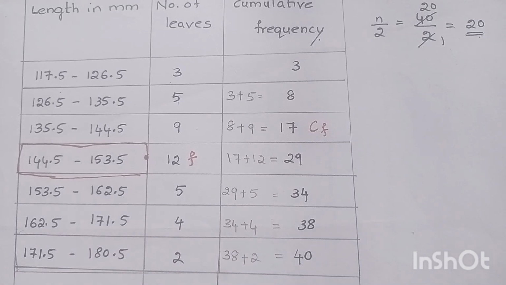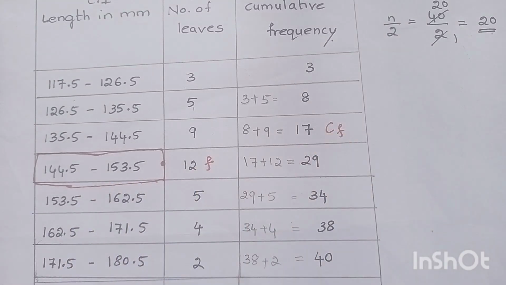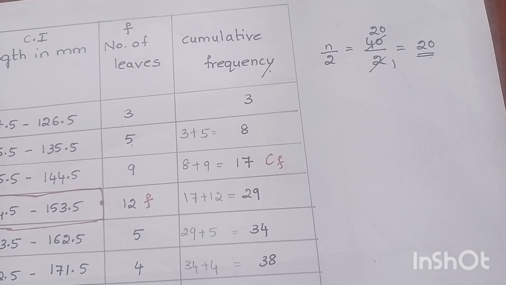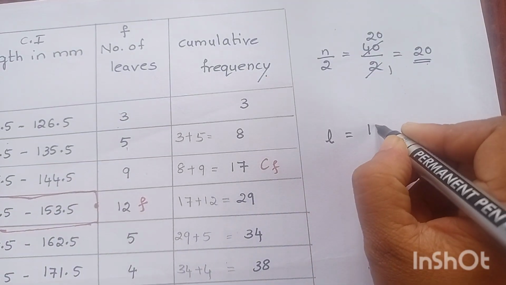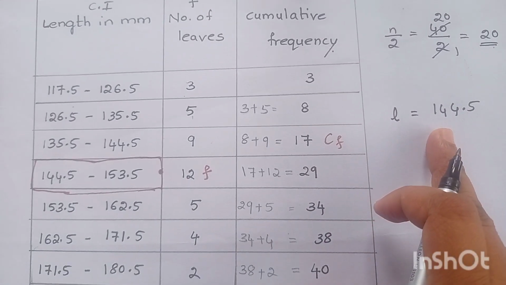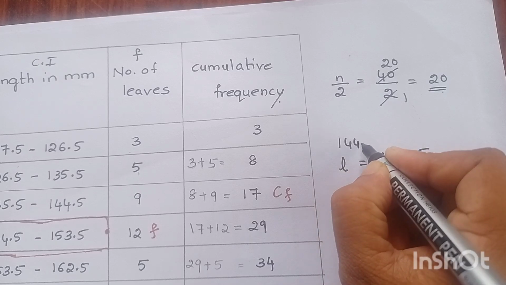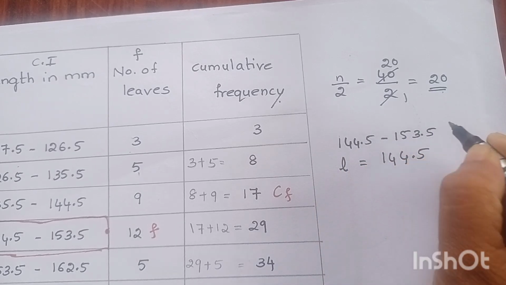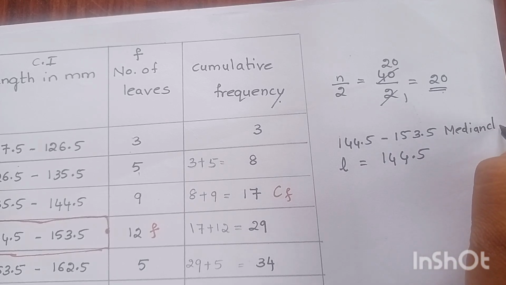Now we know the values of F and CF. What is L? L is 144.5, because 144.5 to 153.5 is our median class.